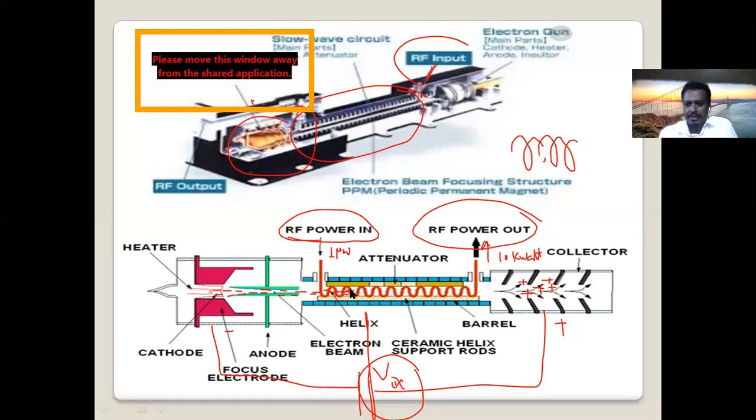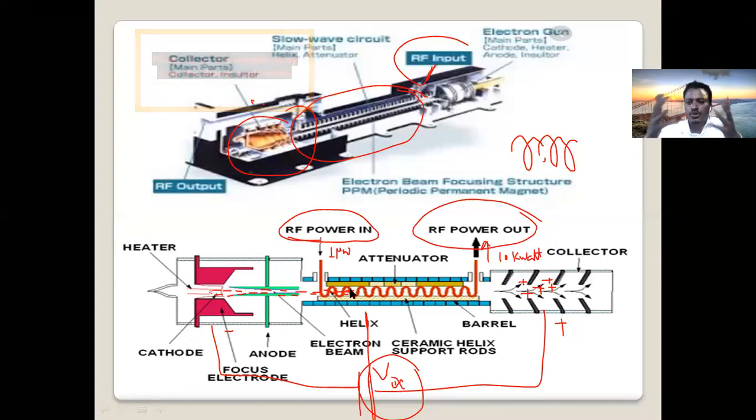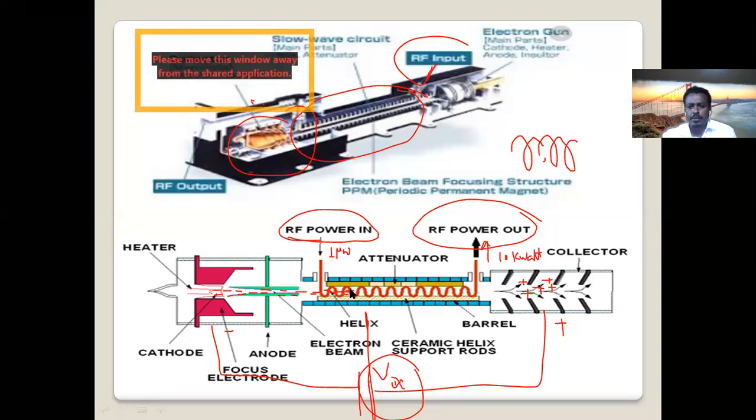This high kinetic energy in the form of velocity modulation is transferred to RF. So the RF power energy now boosts, increases. It takes energy from the electron and the RF power is amplified. That's the basic principle of TWT amplifier.